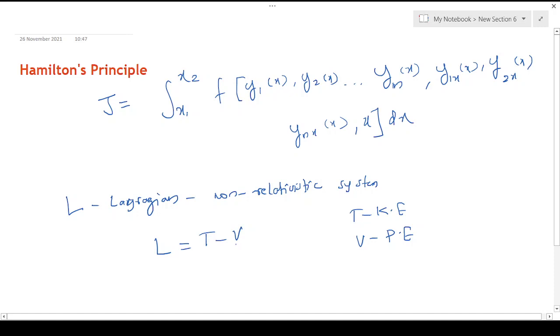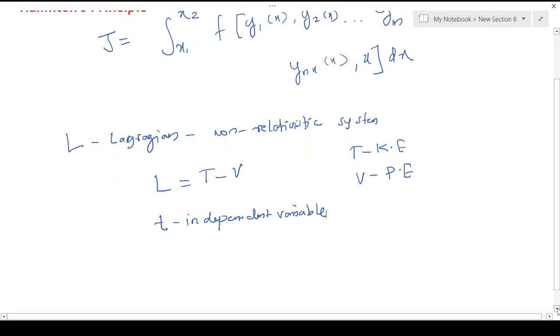We use time as the independent variable here instead of x, and we say that xi of t is the dependent variable, the position with respect to time.